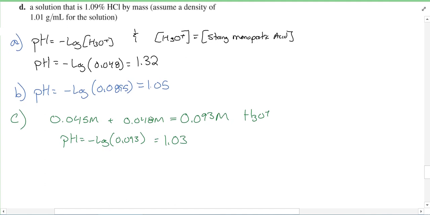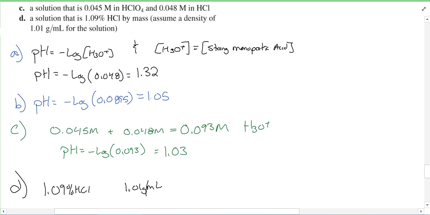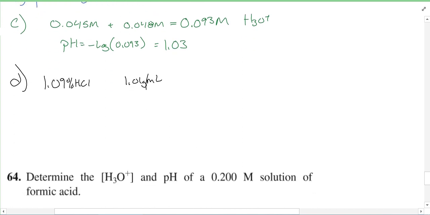And D. Solution that is 1.09% mass HCl. So for D, I got 1.09% HCl and 1.01 gram per milliliter. And that's the solution. So I have 1.09 grams of HCl per 100 grams of solution.